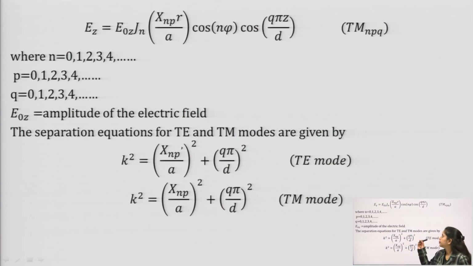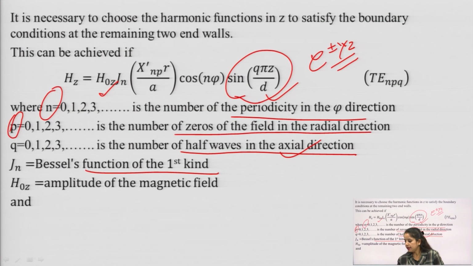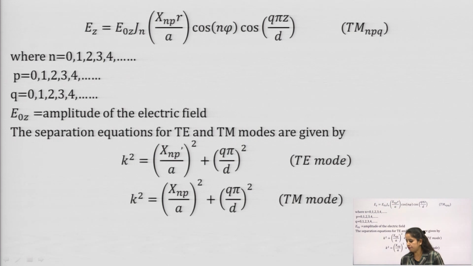Similarly, Ez = E0 Jn(xnp r/a) cos nφ cos(qπz/d). Here you can see that the expressions for the TE and TM modes are different in many respects, so the separation equations for the TE and TM modes are also different.